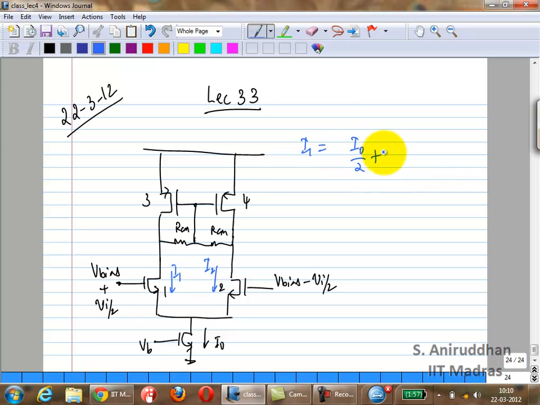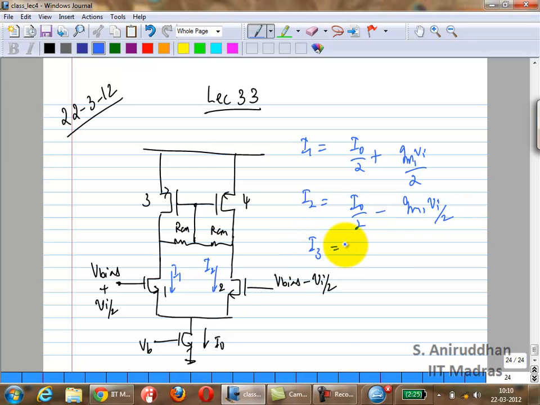I0 by 2 plus GM1 VI by 2 is I1, and I0 by 2 minus GM1 VI by 2 is I2. Okay, these are the two currents.